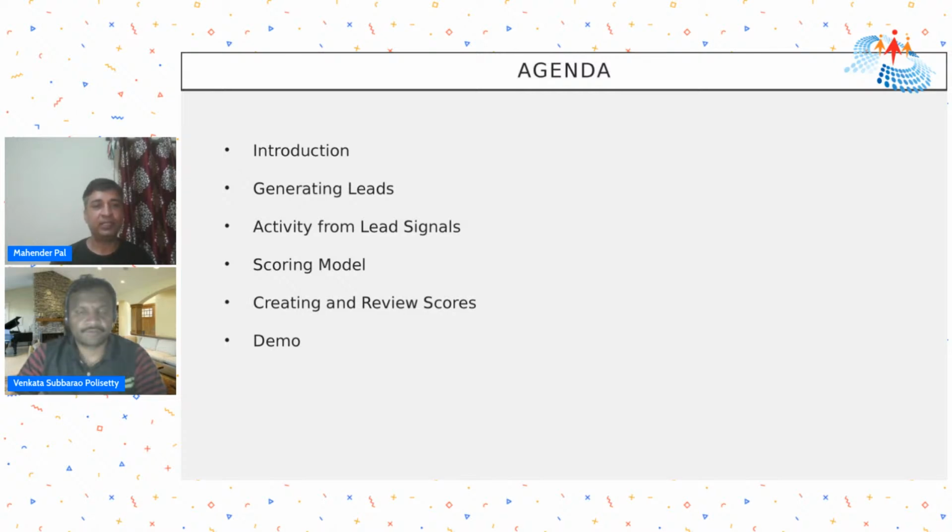And then we will see how we can have the scoring model where we can give some weightage to the customer interest, and we can identify, okay, this got more scoring and this got less scoring, and based on the scoring we can identify that this is going to be a potential business or a potential customer for us.